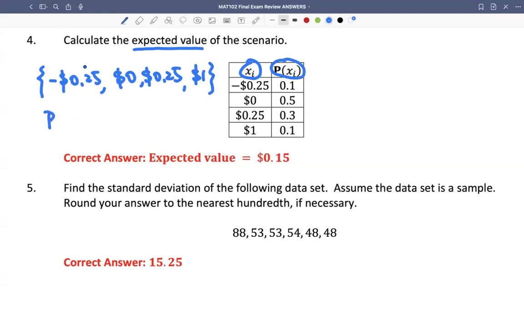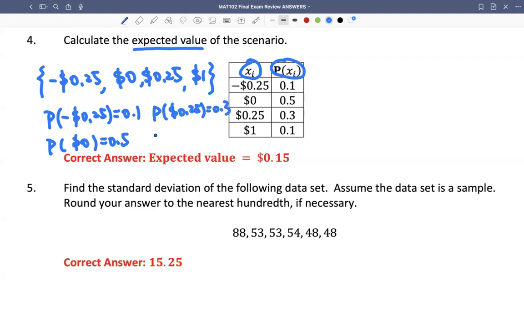The probability of getting negative $0.25 is 0.1, and so on and so forth. The probability of getting $0 is 0.5. The probability of getting a quarter is 0.3. The probability of getting $1 is 0.1. Right? It says to use decimals to represent them.